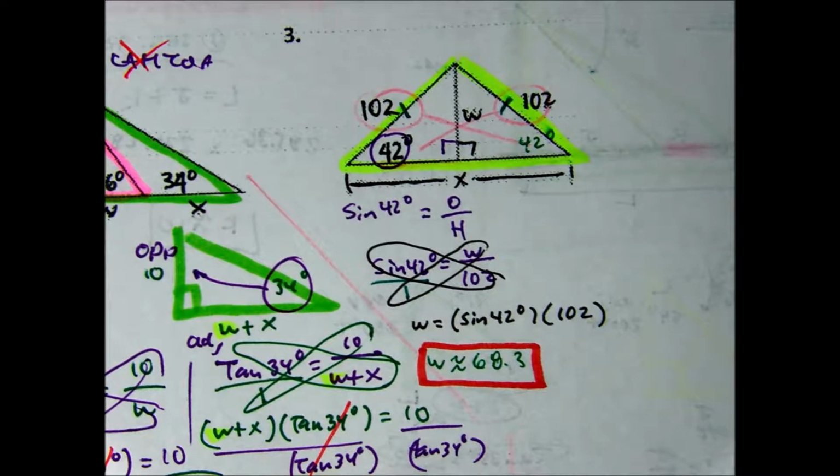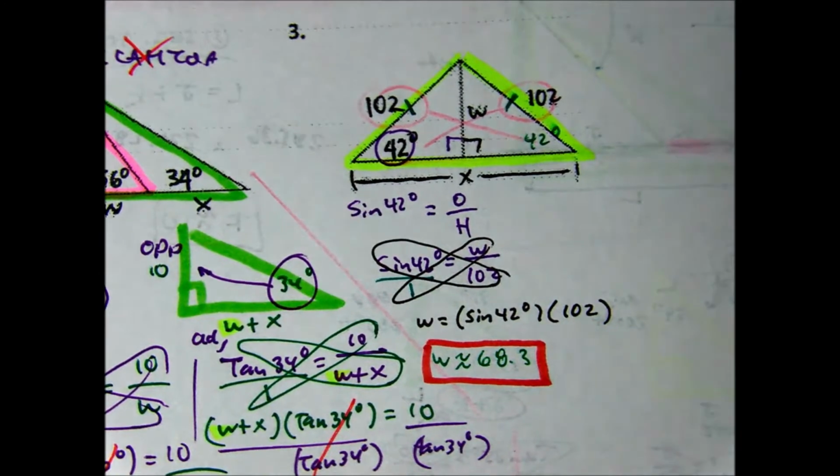Raise your hand yes. Raise your hand no. Okay, the answer is no. For a right triangle, you can use SOHCAHTOA. You can use the trig ratios.